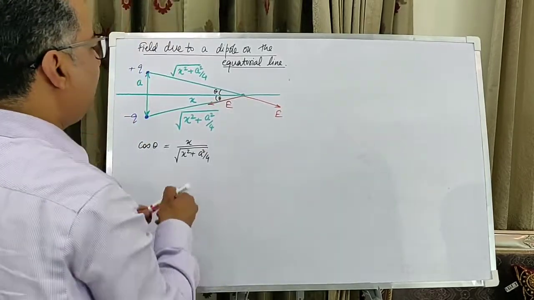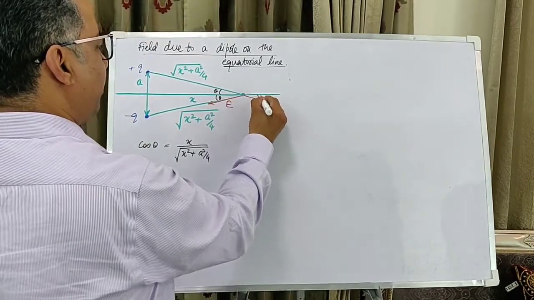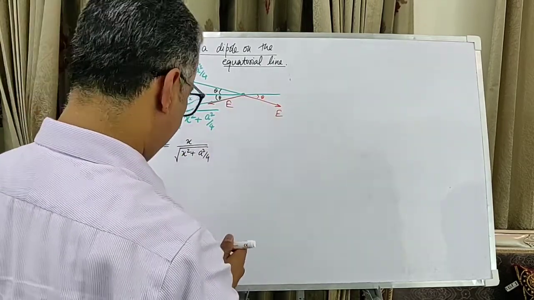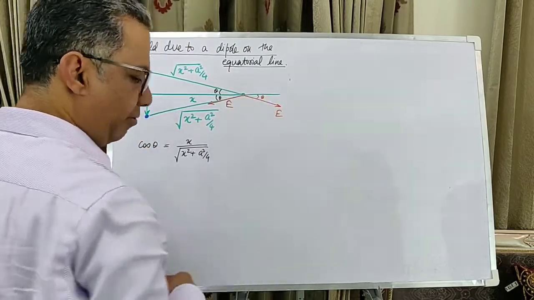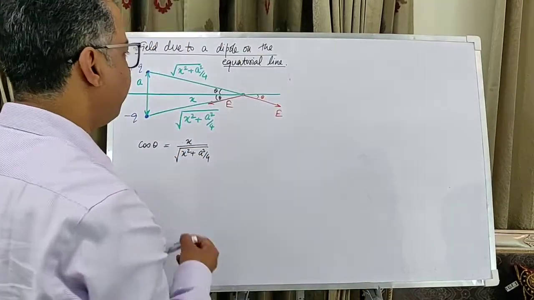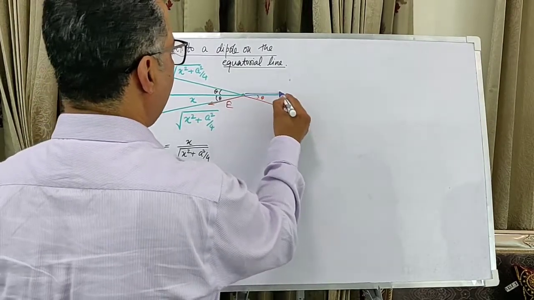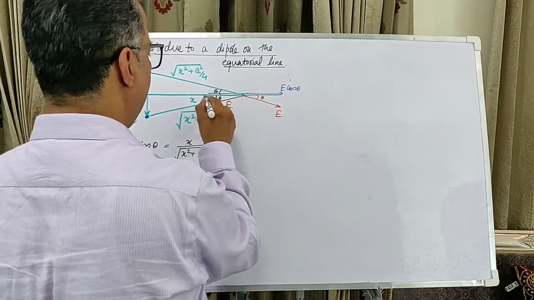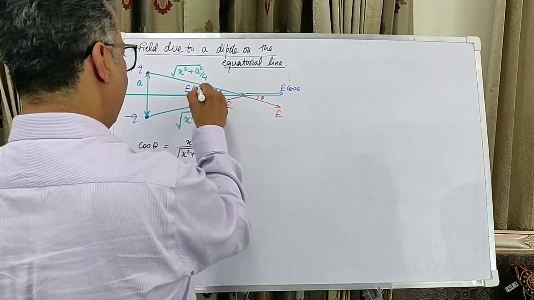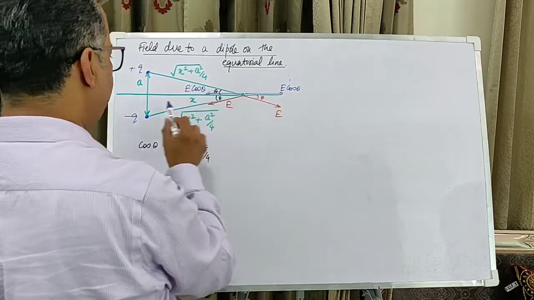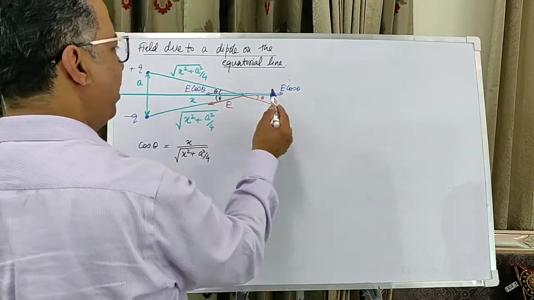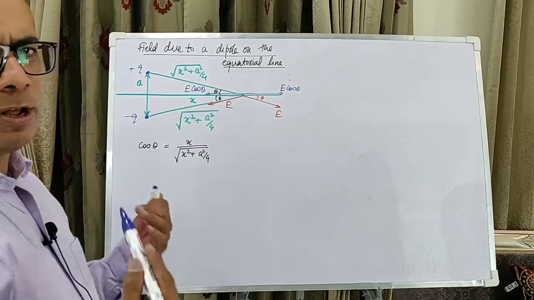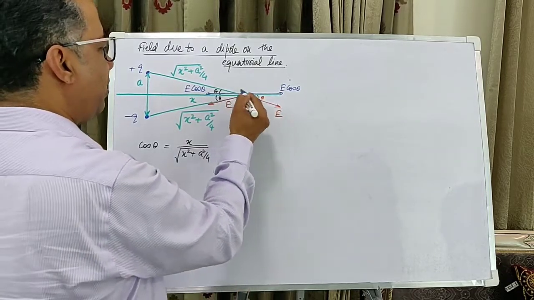Now this angle here is theta, and so is this. Now if you were to take components of the electric field here in x and y directions, what you will get is E cos theta here and E cos theta here as well. These two components, E cos theta each, which are along this equatorial line, are equal and opposite. Now we are all aware that the sum of equal and opposite vectors is 0, so these two cancel each other out.